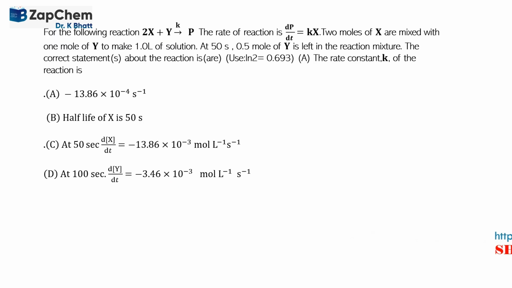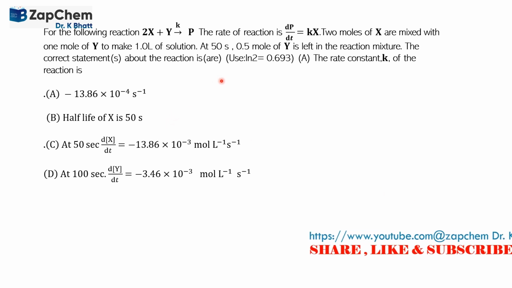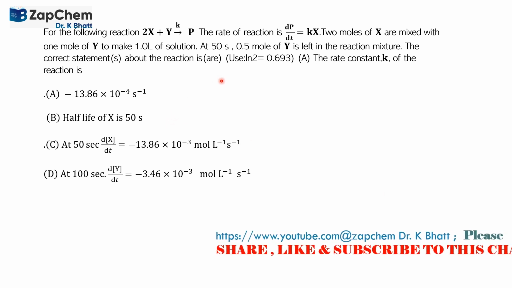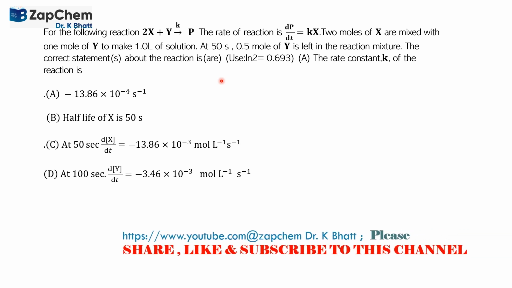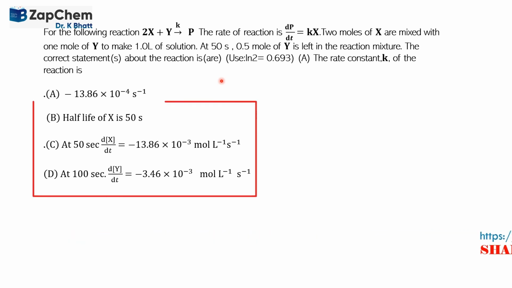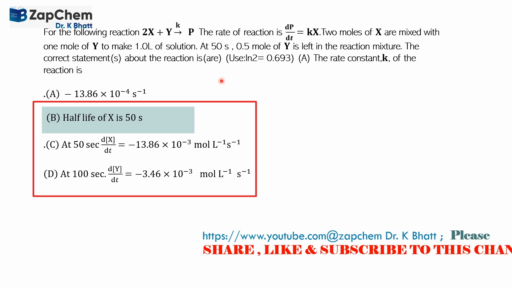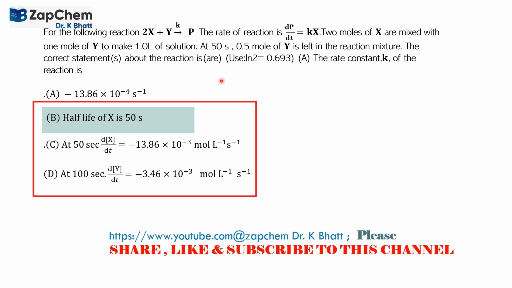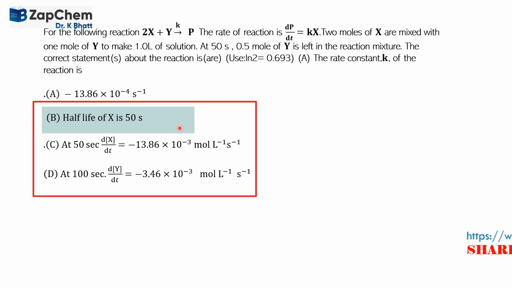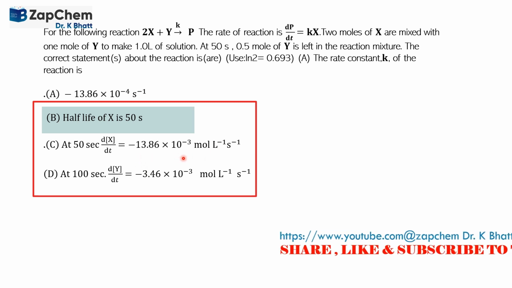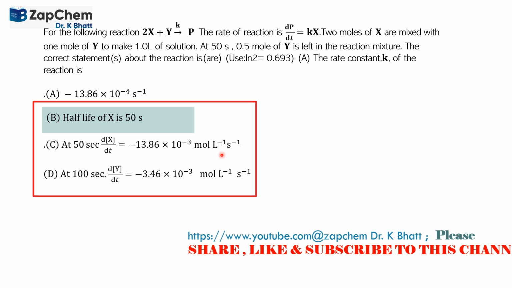So finally, for this question, option A is incorrect. Options B, C, and D are definitely correct answers. Half-life period is 50 seconds. At 50 seconds, dx/dt is minus 13.86 into 10 to the power minus 3 moles per liter per second.